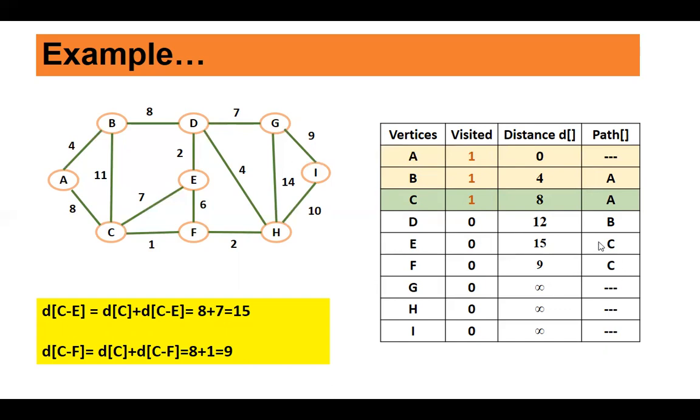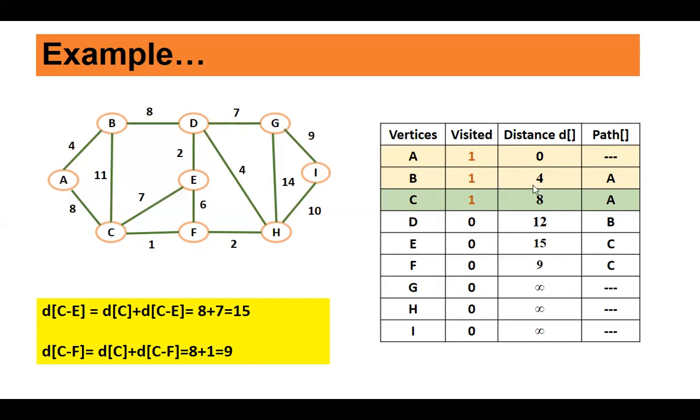You reached it from C. So the path is C here. We updated the path also. So distance of F is 9, distance of E is 15, and the path is C for both.